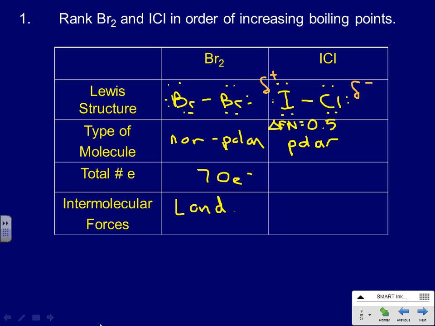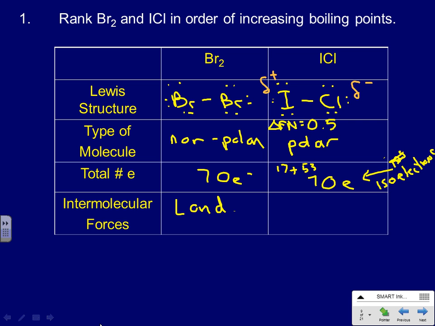How many electrons does an I and a Cl put together have? 17 plus 53. And what is it? 70. Excellent. Now what that means is, and I'm going to just put this off to the side, when these two have the same number of electrons, we say it's isoelectronic.